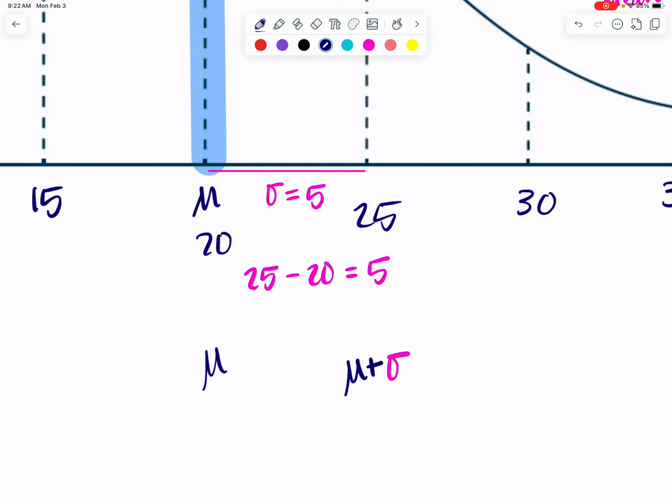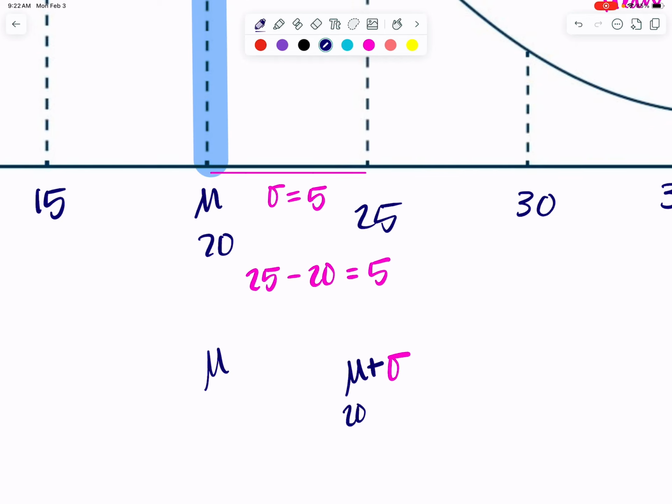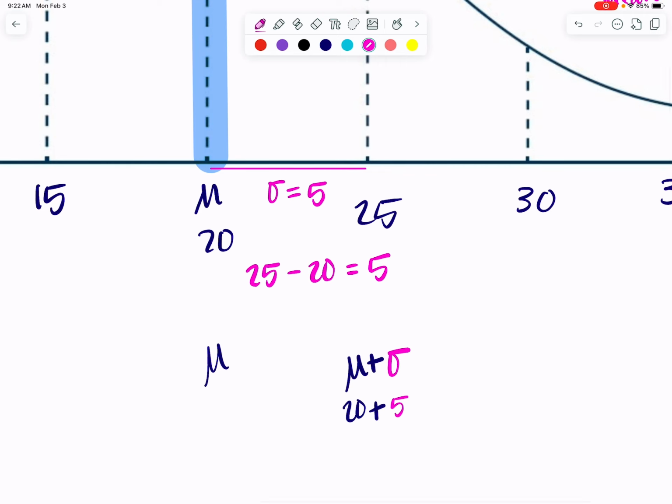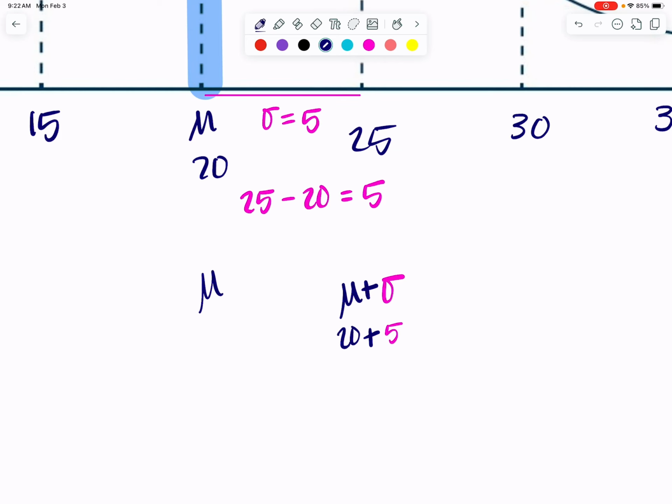Well, if our mu is 20 and our standard deviation is 5, that means the next jump over to the right from mu would be 25.